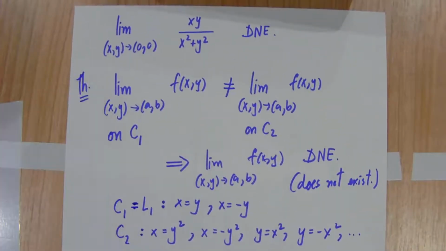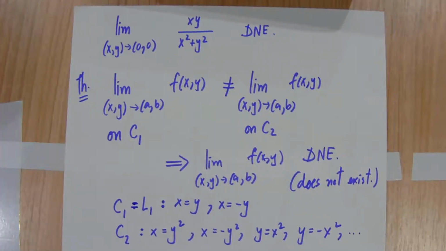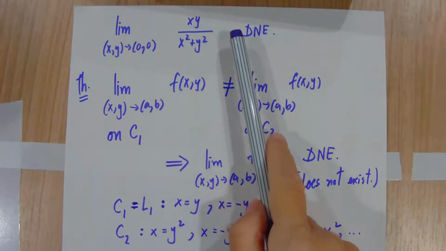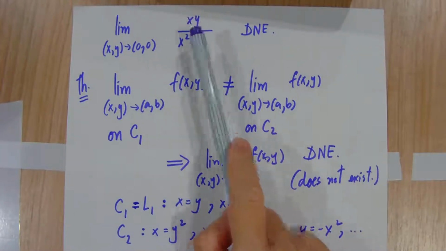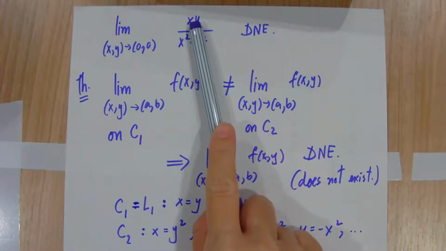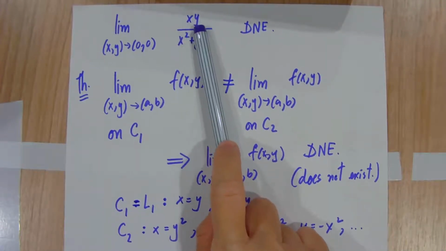on these examples. First, we have to notice the highest degree of the top term and the bottom term after we have combined them. You can see the top term is the polynomial x times y.